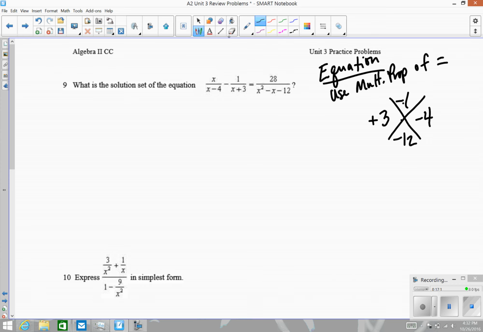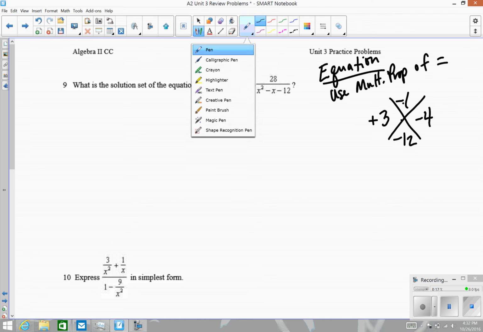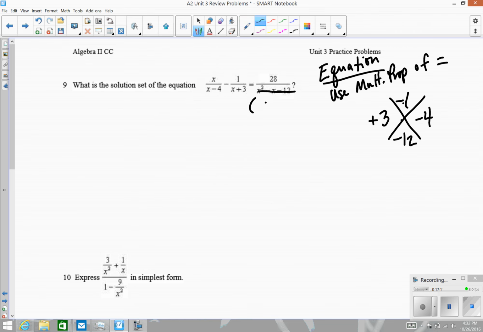Alright, I want to replace this trinomial with x plus 3 and an x minus 4. So it looks like my common denominator needs to have an x plus 3 as a factor and an x minus 4 as a factor, and then I will be able to get everything cleared out in the denominator.